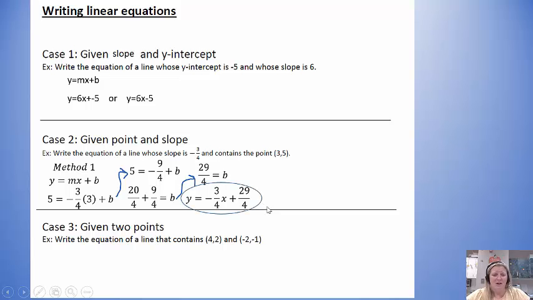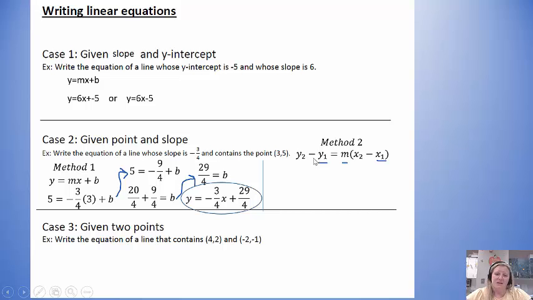Nothing wrong with that method. It's been taught for years. Totally understand it. If that's your strong suit, that's great. But I'm going to show you an alternative method. I think it's a little bit easier, actually. If you're given a point and you're given a slope, why not use point-slope form? Literally has the words point and slope in it.